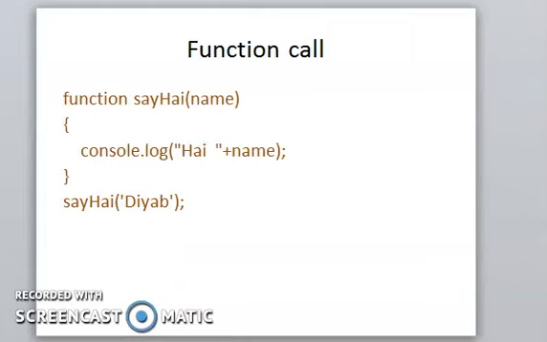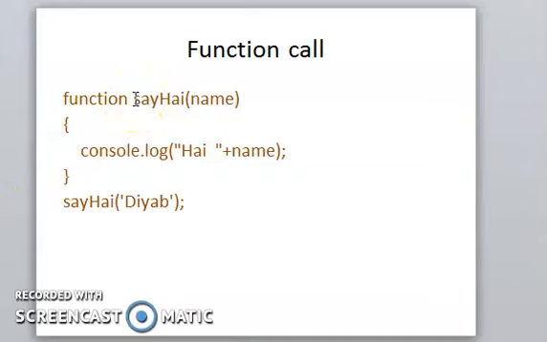The next one is a functional code example. Just go through the example. It is creating a function that takes a parameter. Here name is a variable, and that name is passed as a parameter to your function. Your function name is sayHi.